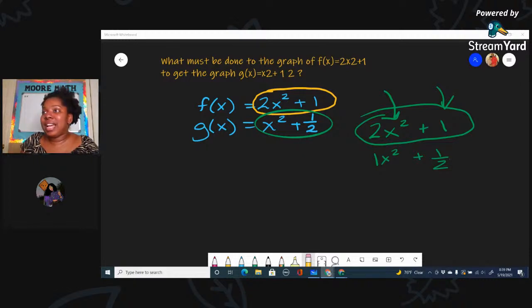So let me just get this for you because I want to make sure I'm giving you the right thing. Okay, horizontal stretch, vertical stretch, when b is greater than 1 and when, okay. There we go.